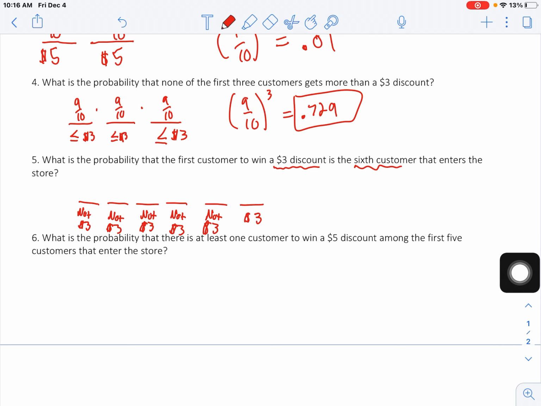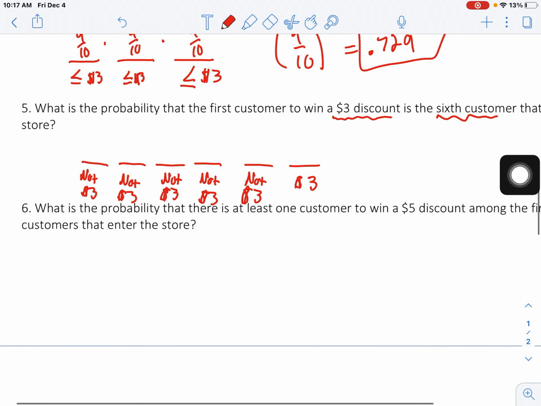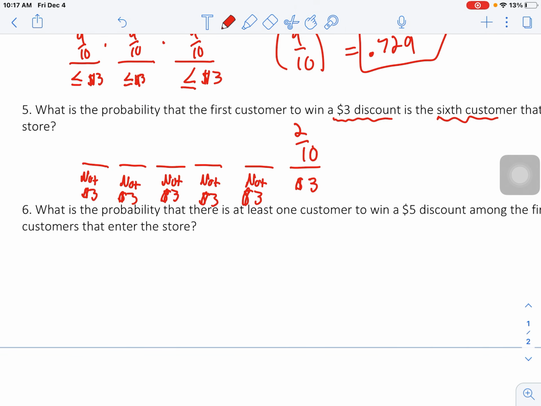$3 discount. So if I look at my table up here, the probability that we get a $3 discount is just 2 out of 10. The probability that we don't get a $3 discount is the complement of this. That's 8 out of 10. So really what we have here is 8 tenths times 8 tenths and so on.